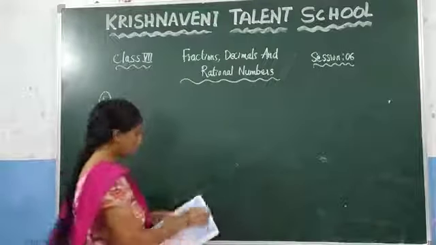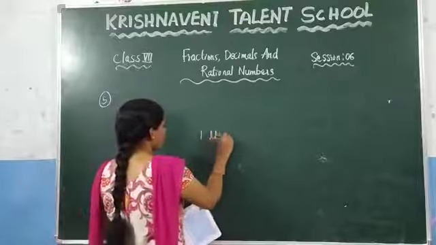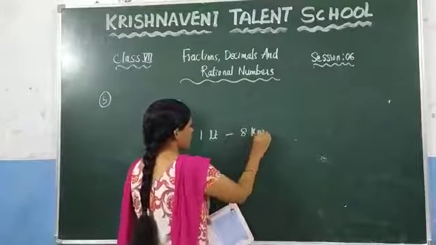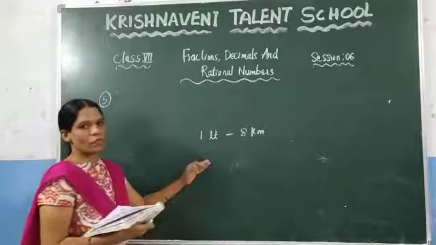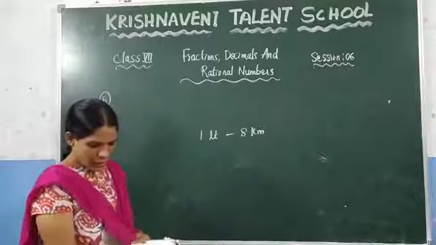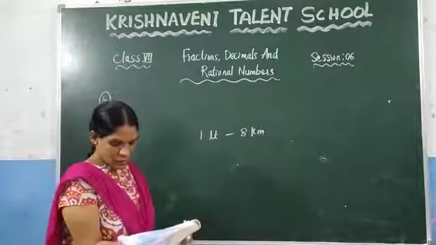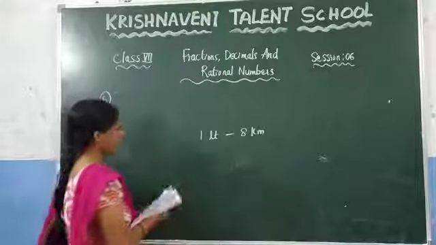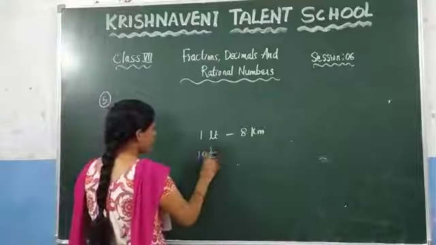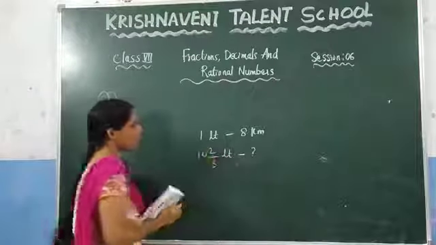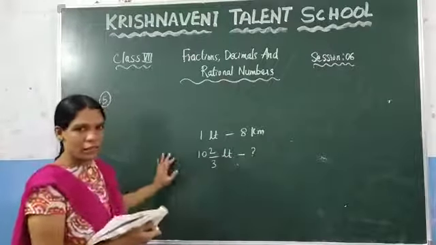That means with 1 liter of petrol, the truck is traveling a distance of 8 kilometers. And they ask how much distance will it cover using 10 2/3 liters of petrol. That means if they are taking 10 2/3 liters of petrol, how many kilometers does the truck have to travel? You need to calculate this one.